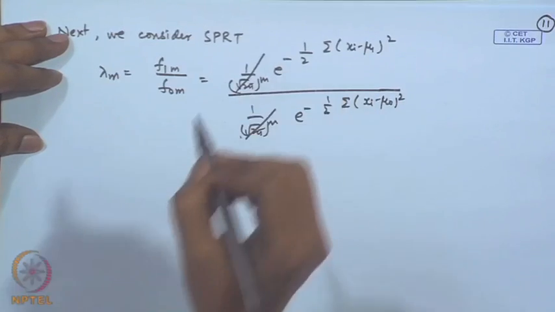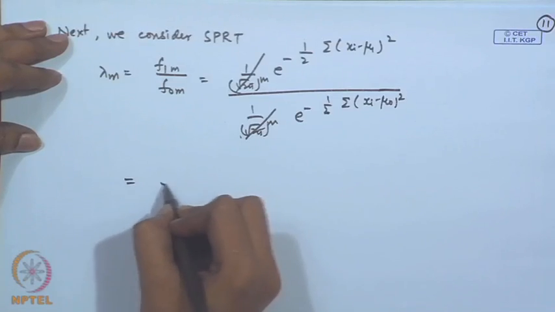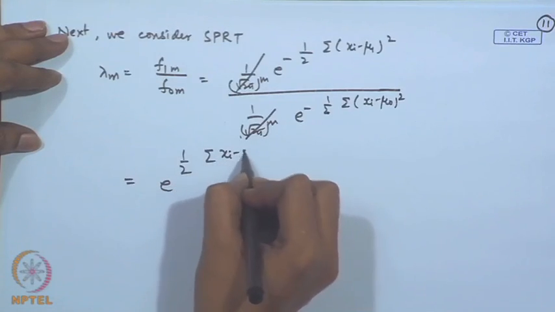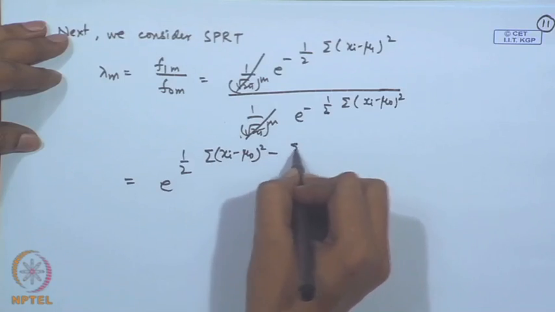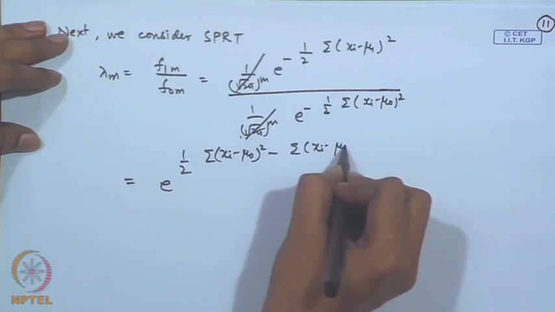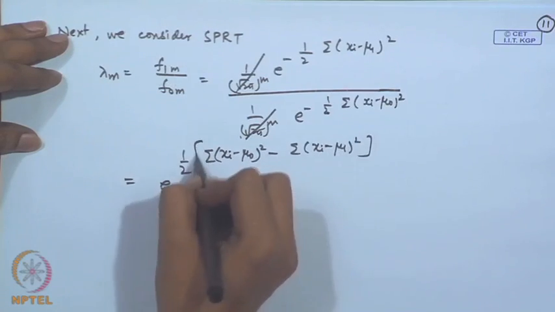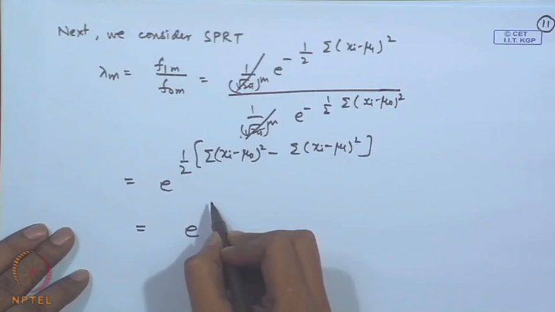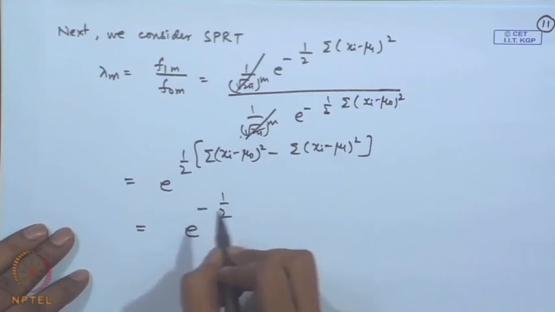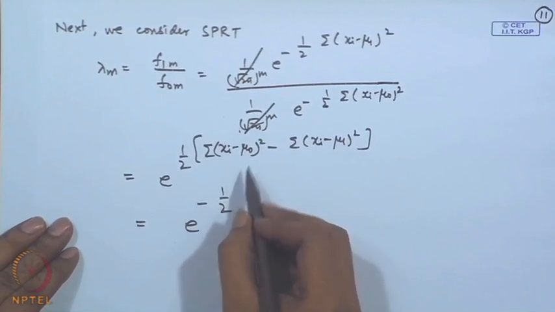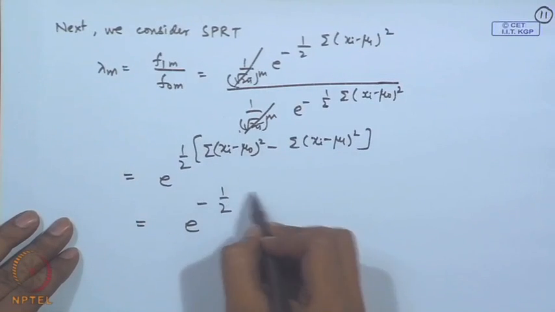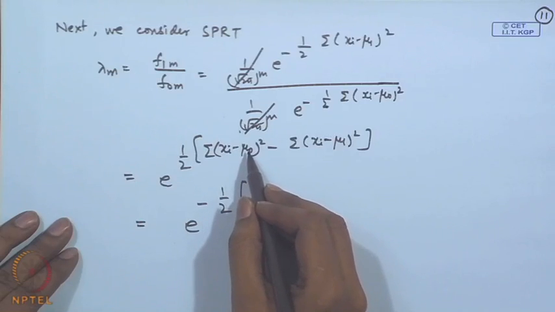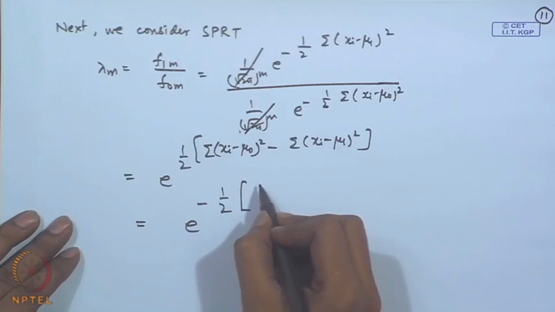So these terms get cancelled out. This is equal to e to the power half [sigma (x i minus mu naught) square minus sigma (x i minus mu 1) square]. We further simplify this. Now this sigma x i square term will get cancelled out, and this term will be there, mu naught.